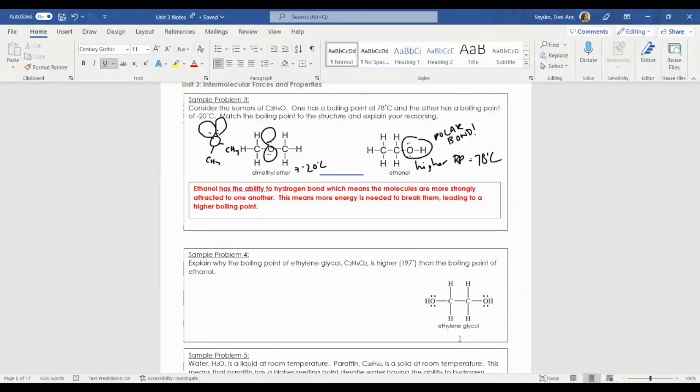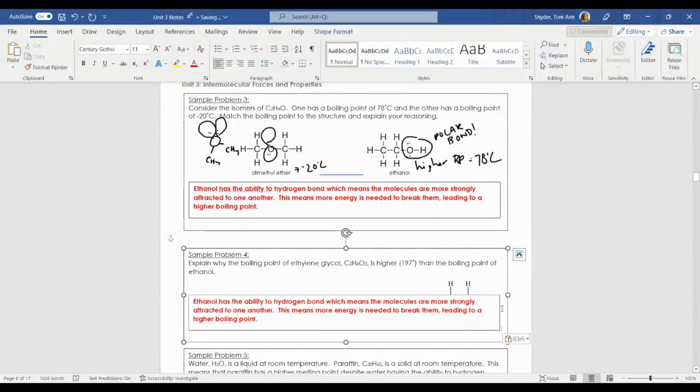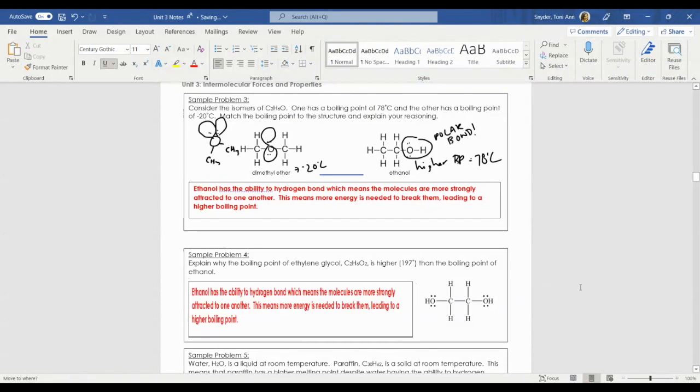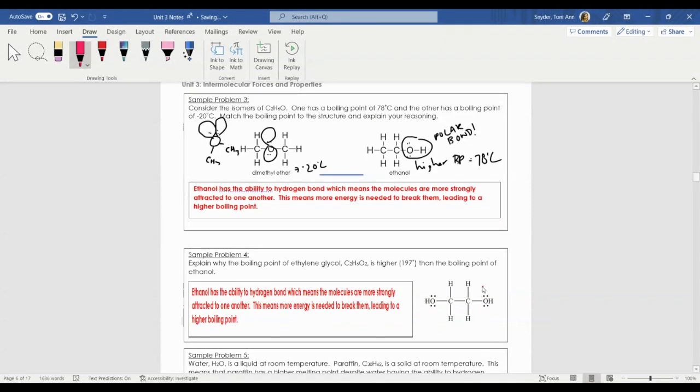Why do ethylene glycol molecules like each other so much that it takes a lot more energy to separate them into a gas? Well, that's because ethylene glycol can hydrogen bond not just once, but it can hydrogen bond twice. If I take a look at this structure, we can in fact see I have a hydrogen bond here, or I can have another hydrogen bond here, and I can hydrogen bond here as well.